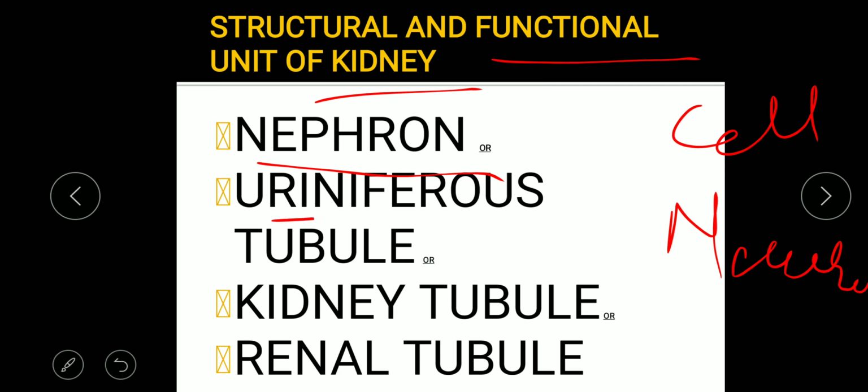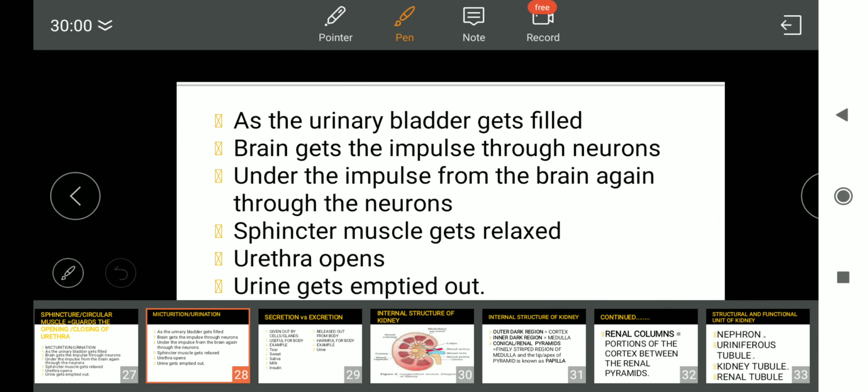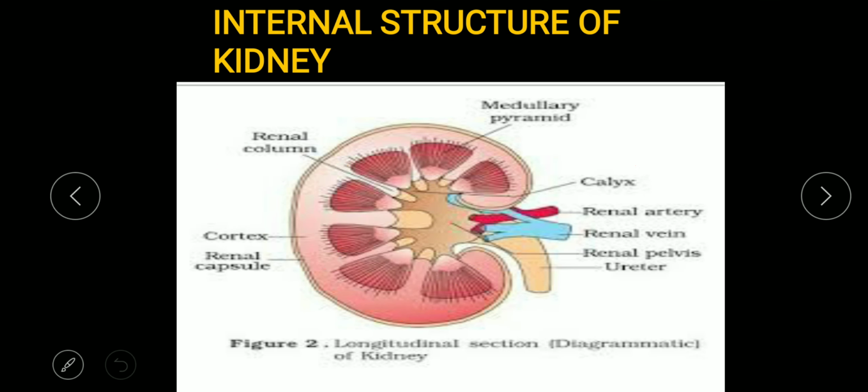Nephron is also known as uriniferous tubule. Why uriniferous tubule? Because it is a tubule shaped structure and it helps in the formation of urine. It is also known as kidney tubule, because this structure is found in the kidney, or it is also known as renal tubule. So these are the other terms used for nephron. So don't get confused with it. Okay.